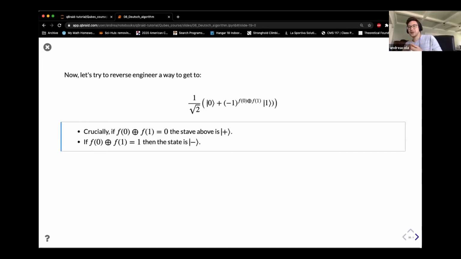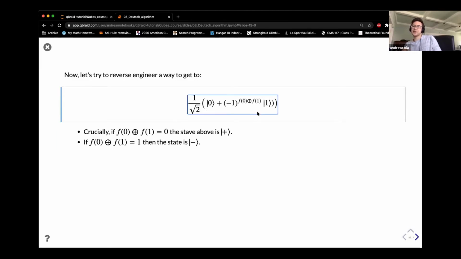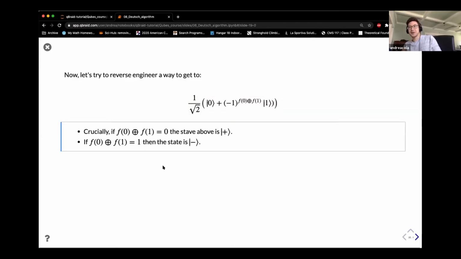If the function is constant, meaning this XOR is equal to 0, then this state here is the ket plus. If the function is balanced, meaning the XOR is equal to 1, then this state here will be the ket minus state. And we know already from the previous slide how to distinguish these two states, just by applying a Hadamard gate. Does this make sense as a plan?